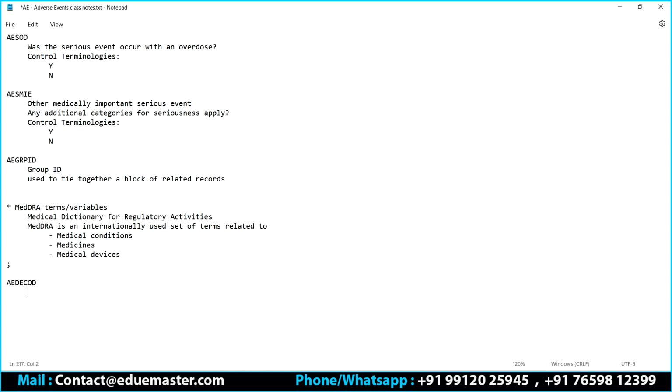So I can simply say that this is going to be dictionary-derived term code. So simply it is going to be a code. What exactly is this code going to be? Indirectly, if I want to talk about this, it is going to be dictionary-derived text. What is that? Dictionary-derived text.